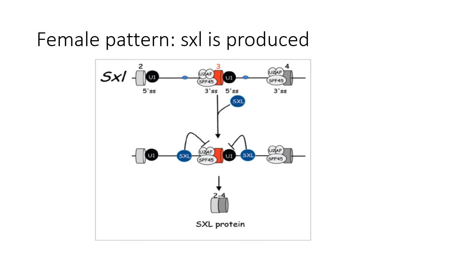And they prevent basically the splicing system from recognizing that 3' splice site at the 5' end of exon 3, with the result that exon 3 is skipped and that you get a protein which is active, which includes exons 2 and 4. Now remember, exon 3 is the one that has a premature stop codon, so if you include it, you end up with an inactive protein that can't govern any other activities that sex lethal normally would do.